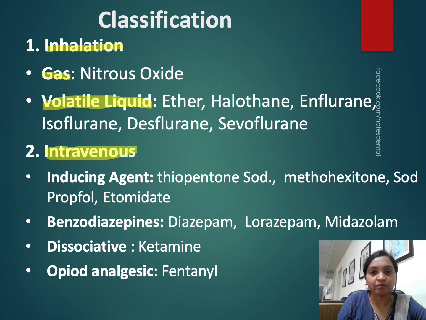The gas used as an inhalational anesthetic is nitrous oxide, and volatile liquids we have ether, which is not used nowadays, halothane, enflurane, isoflurane, desflurane, sevoflurane. These are the inhalational anesthetics. And intravenous we have inducing agents like thiopentone sodium, benzodiazepines, dissociative anesthetics like ketamine, and opioid analgesics, that is fentanyl. This we will be studying in the further classes.